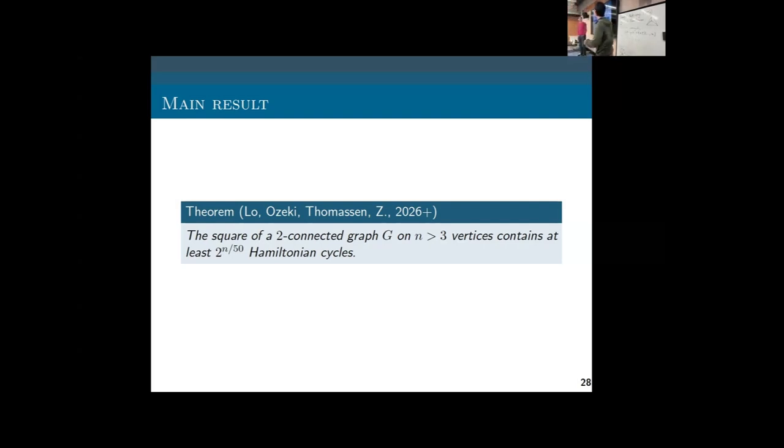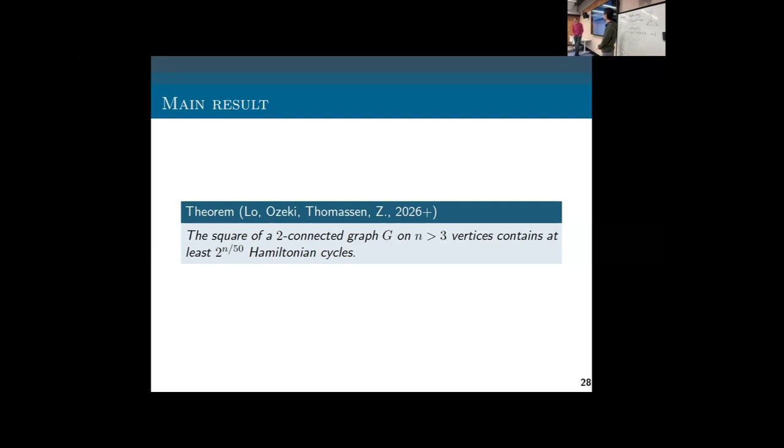I have a question. If you talk about 4-connected cases, 2-connected cases, is there anything special and interesting for 3-connected graphs? There is a subfamily here, right? You can also take squares of 3-connected graphs.